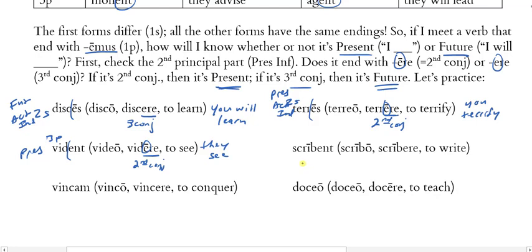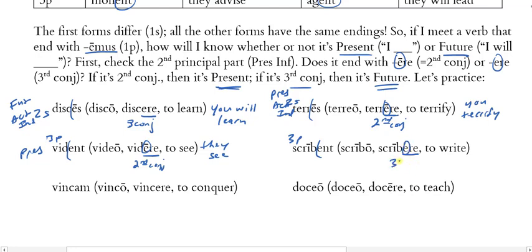And let's contrast this with scribent. Here I have the -ent ending as well. So again, that could be third plural, but is it present or future? Depends on whether it's second or third conjugation. How do I know? Go to the second principal part. I have -ere, not -ēre, but -ere, the short E before the -re.